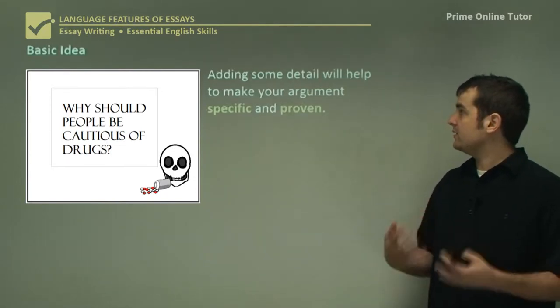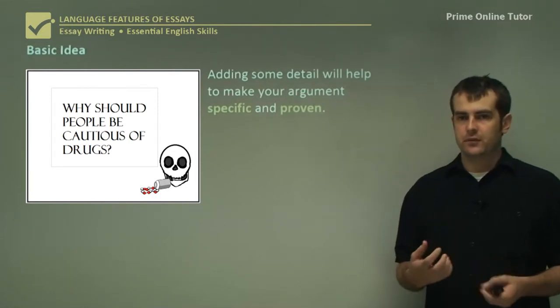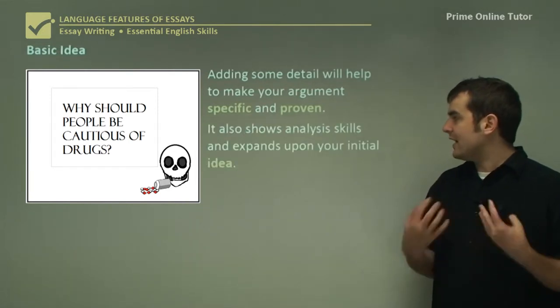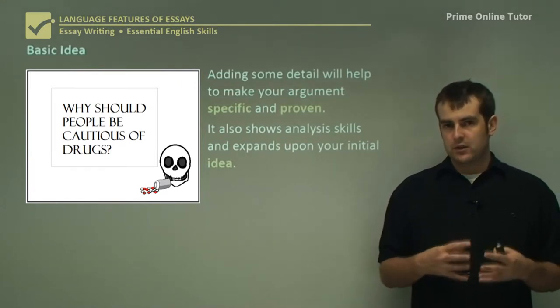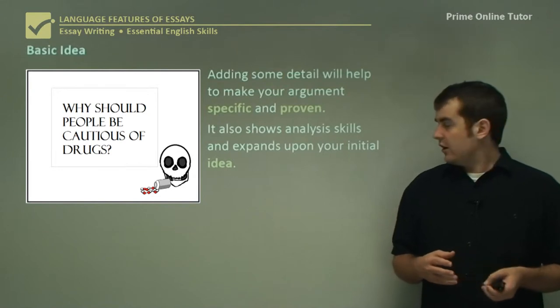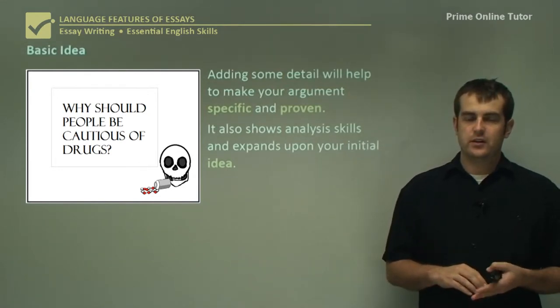Adding some detail will help you make your argument specific and make it proven. It'll also show that you have analysis skills and that you can expand on it. So that's what we're going to try to do when we expand our answer. You're trying to find specifics first of all, and make sure it's proven.